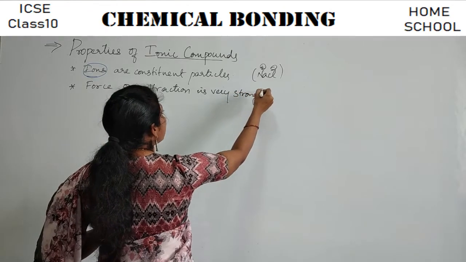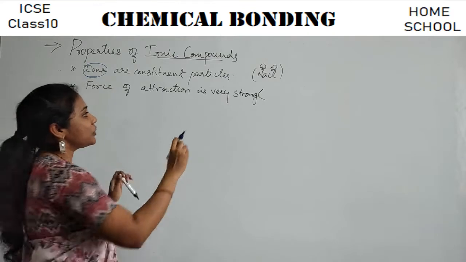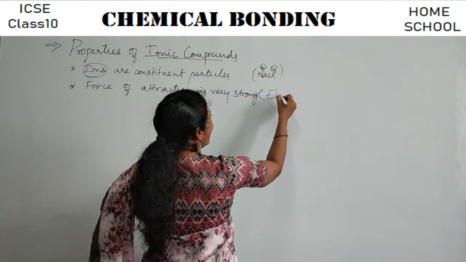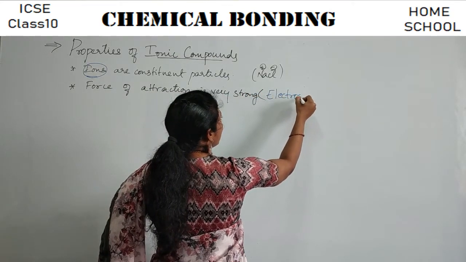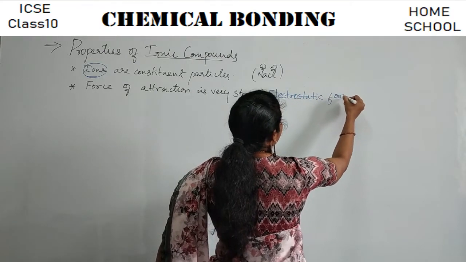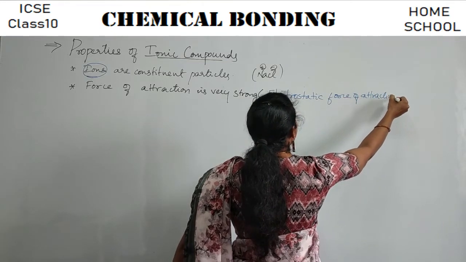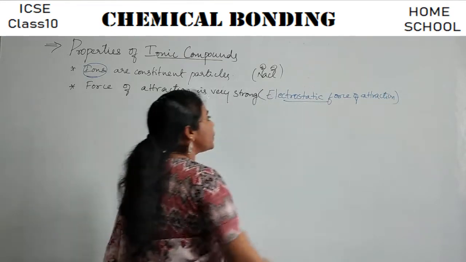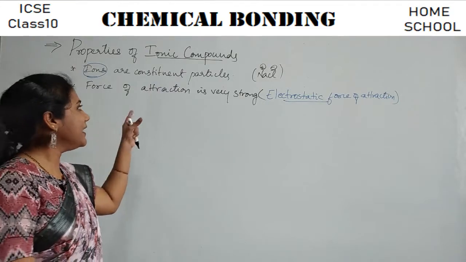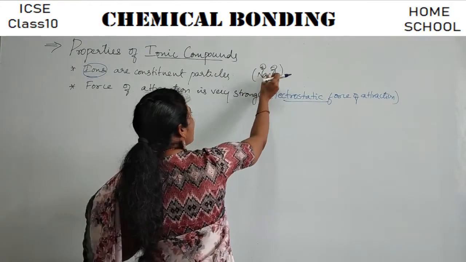So what is this force of attraction? What is the name for this attraction? It is called electrostatic force of attraction. Right? That attractive force is very, very strong, whatever attraction is there between positive and negative.